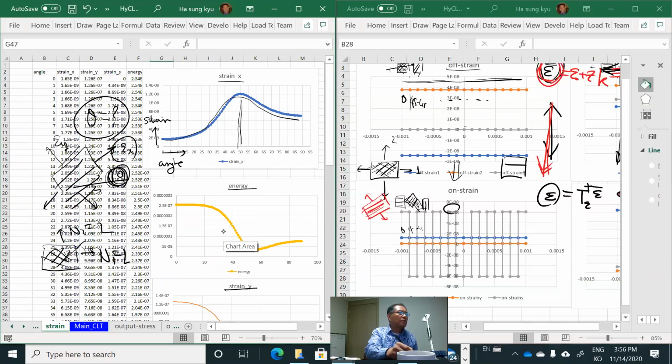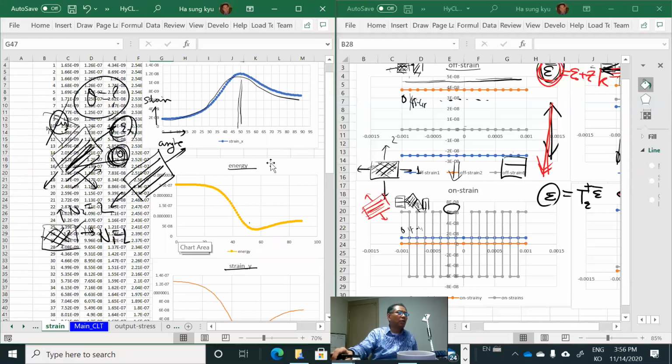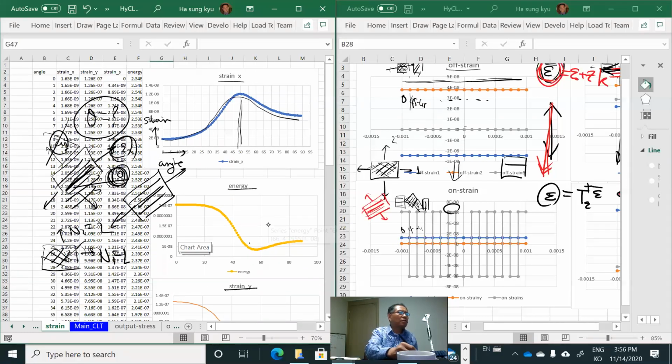And at this angle, the fiber strain is really high, but this epsilon Y is almost zero. So it's like all strain is along the fiber. This is good. Why? Because the fiber takes over all the load. Even though it reaches the maximum, it is a fiber and can take the load.